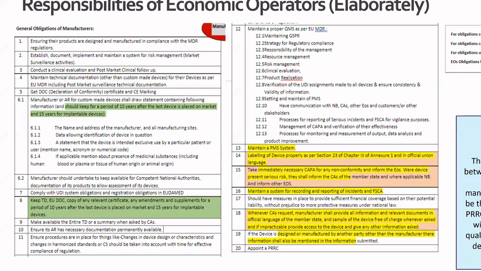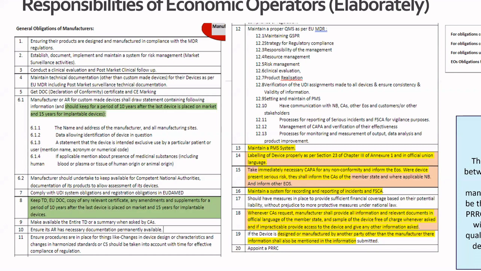Okay. Sixth, the manufacturer or authorized representative for custom-made devices shall draw up statements containing the following information: name and address of the manufacturer, manufacturing site information, data allowing identification of the device, and a statement that the device is intended exclusively for this particular patient population, the demography they have to mention.